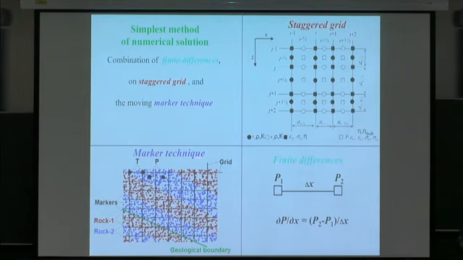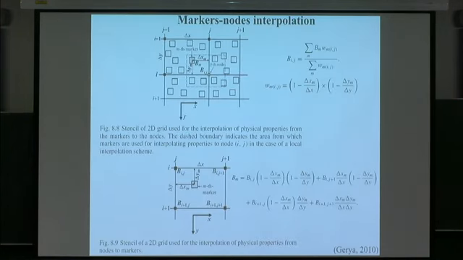And markers are used, as in the case of a pure Stokes solver, for transportation of all material properties, including porosities, including permeabilities, and including also stresses, if you have an elastic approximation of your solid, or viscoelastoplastic approximation of your solid. Interpolation between markers and nodes is done in a bilinear fashion, the same as I was describing in this textbook.